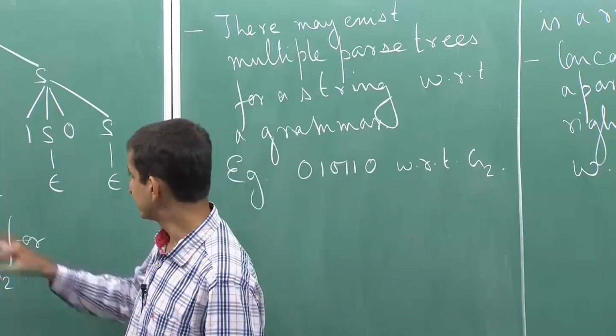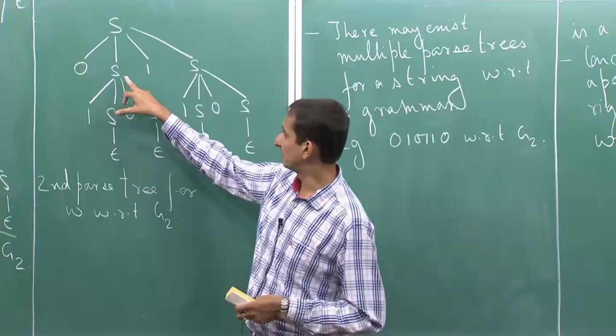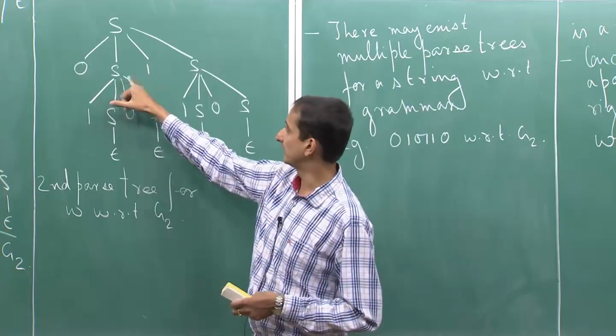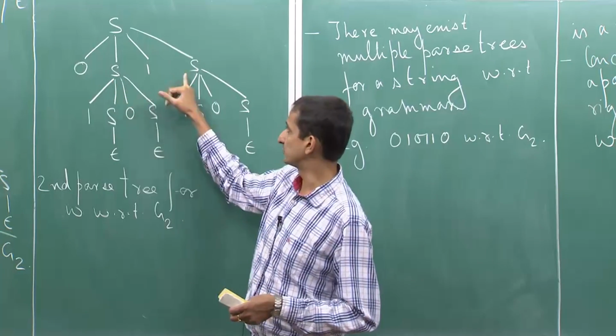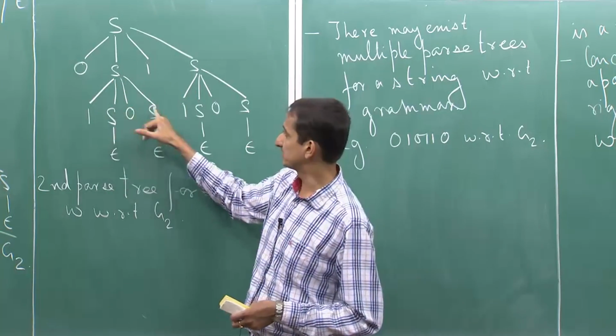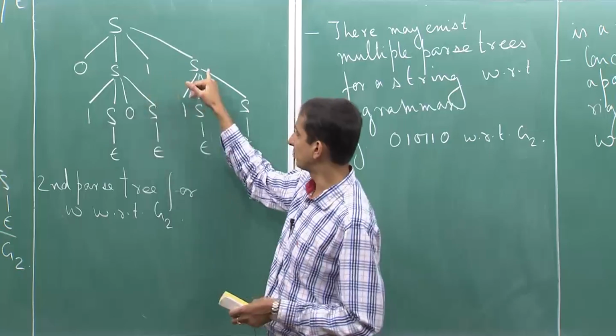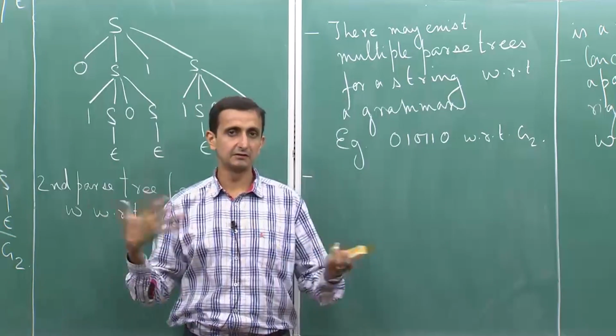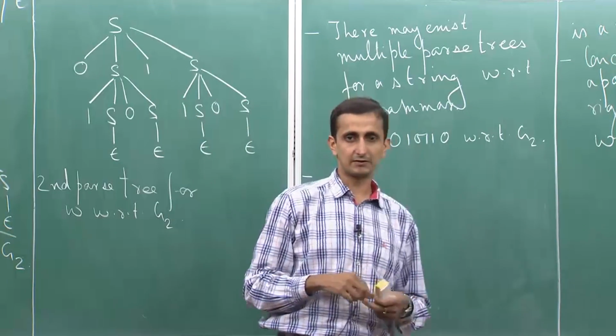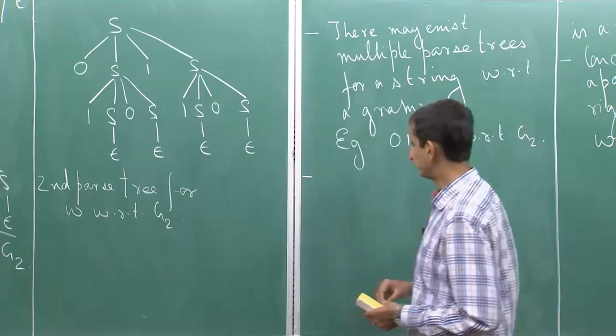Okay. In this case, that is not true, because here I have 2 variables that are there in this current string 0 S 1 S. So, either I can replace the first S, or I can replace the second S with some other production rule. Okay. So, this is what gives rise to ambiguity.